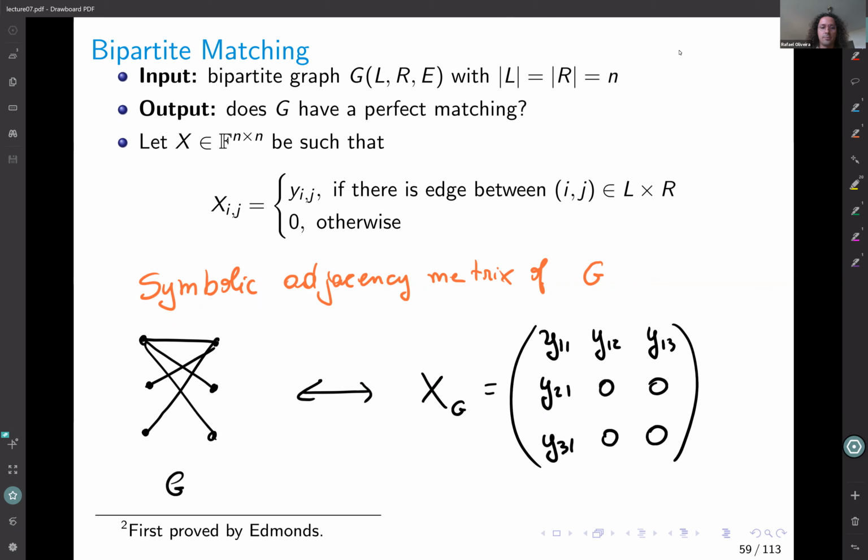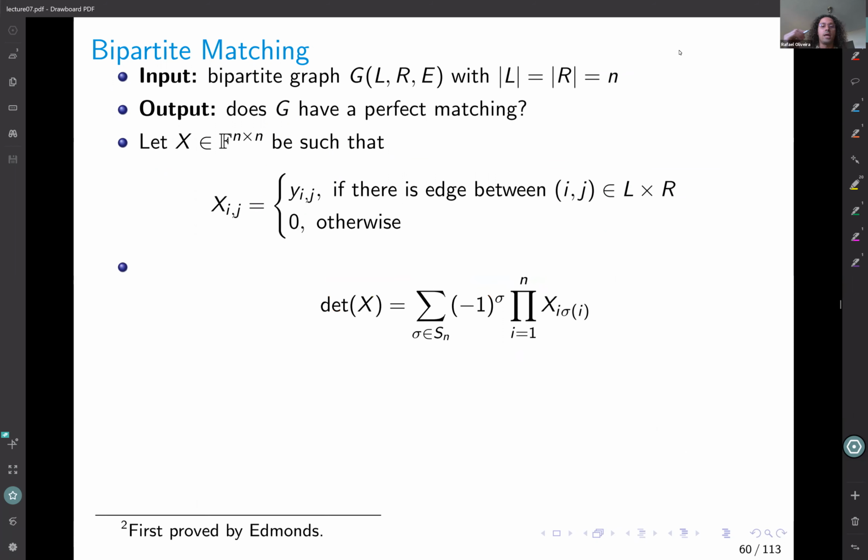Okay, so now here's the thing. If we compute the determinant of this matrix, what do we get? If you remember the formula of the determinant, it is the sum over every permutation sigma of the sign of the permutation times the product of the entries x_{i,sigma(i)}.